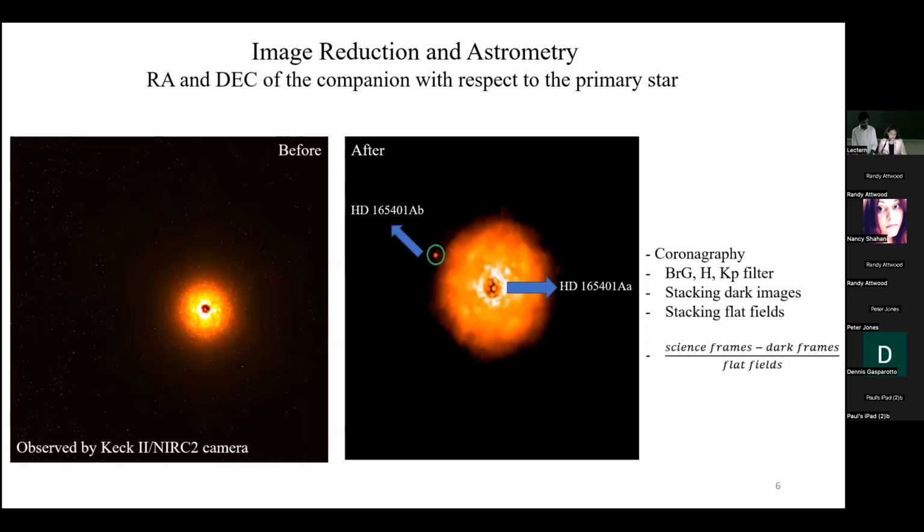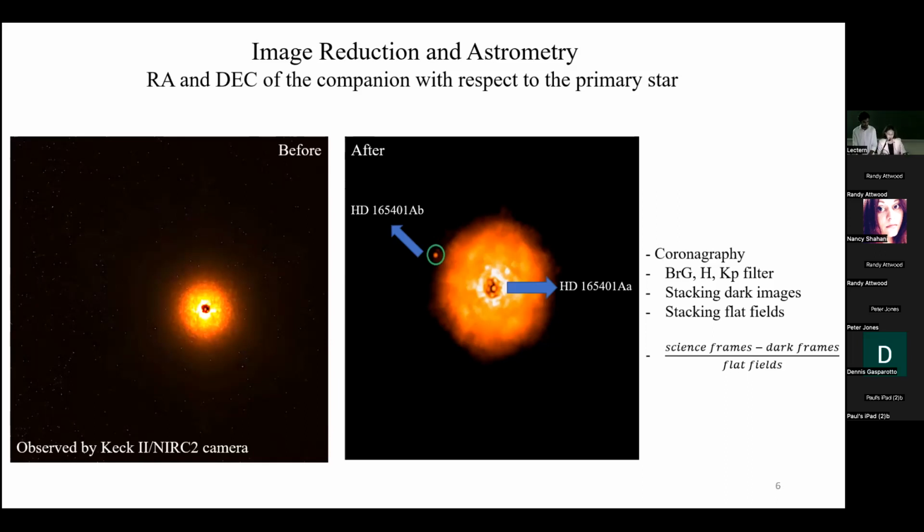So we did a lot of data reduction and image analysis. And if amateur astronomers are here, you probably know what flat field and dark images are. And we basically used those to have a clean and good scientific image.